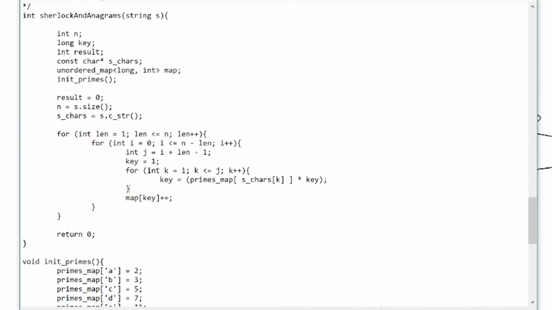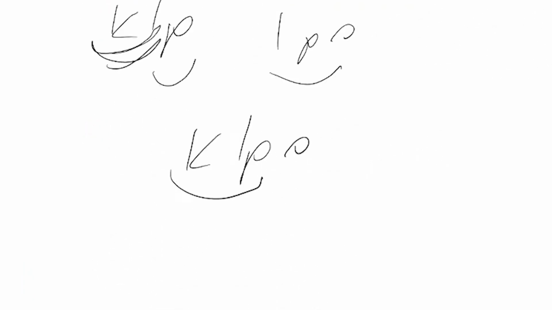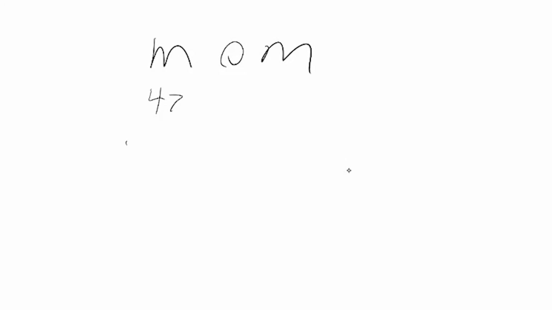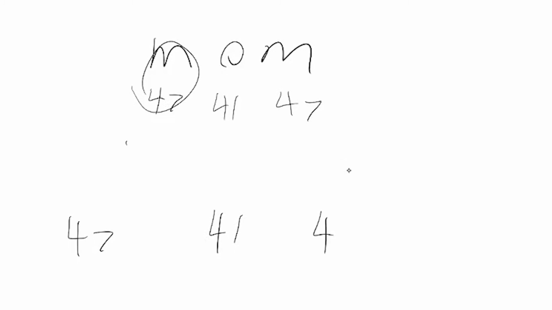So basically what we're doing is going through, so let's take this again. Let's say we've got M, O, M. We go through the key of M, which was 47 and 41 and 47. So we're multiplying. In these maps, we've got the first permutation, which is just M. So we get 47, 41, 47.